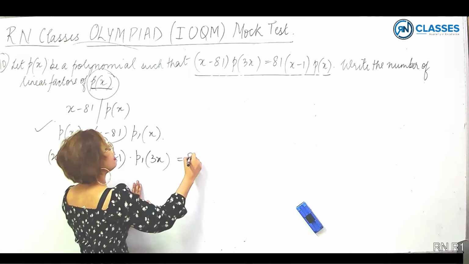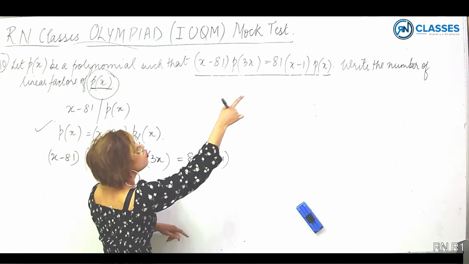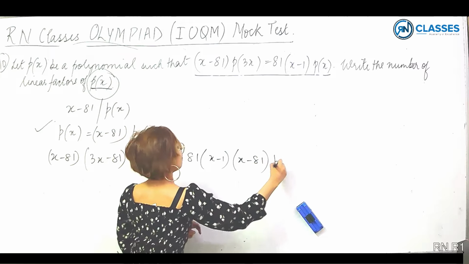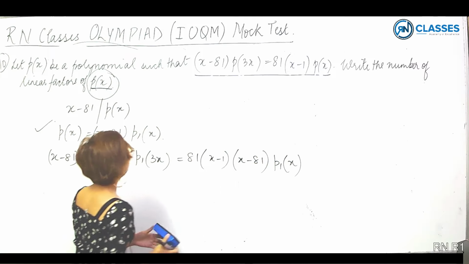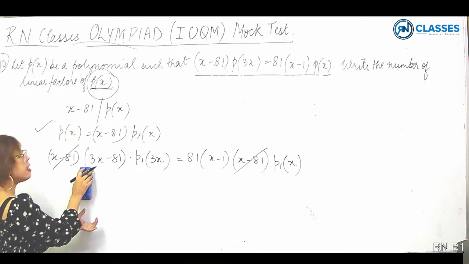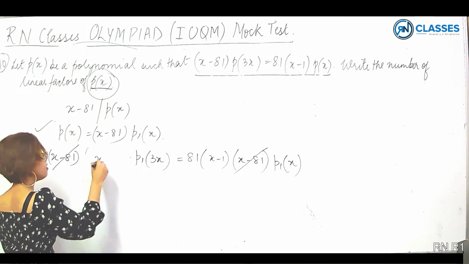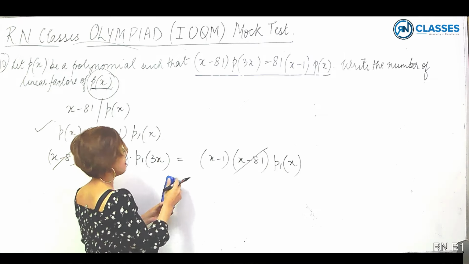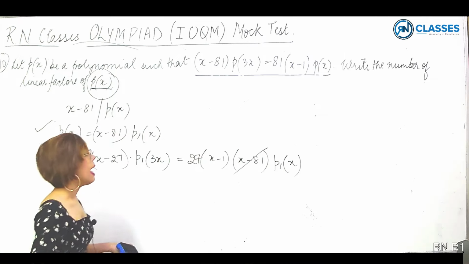Is equal to 81 into x minus 1 into, now P of x is again x minus 81 into P1 of x. Done? Now x minus 81 cancels. 3 if I take it out, this is 3 into x minus 27. And I've got one factor of 3 here, so this becomes 27. Right? I have this thing now.